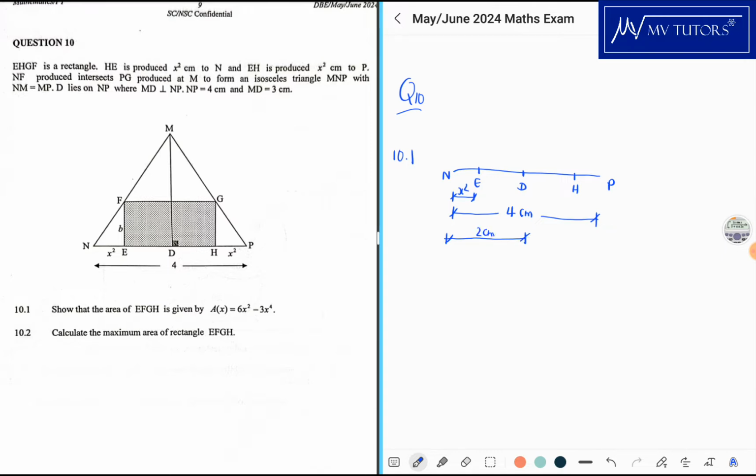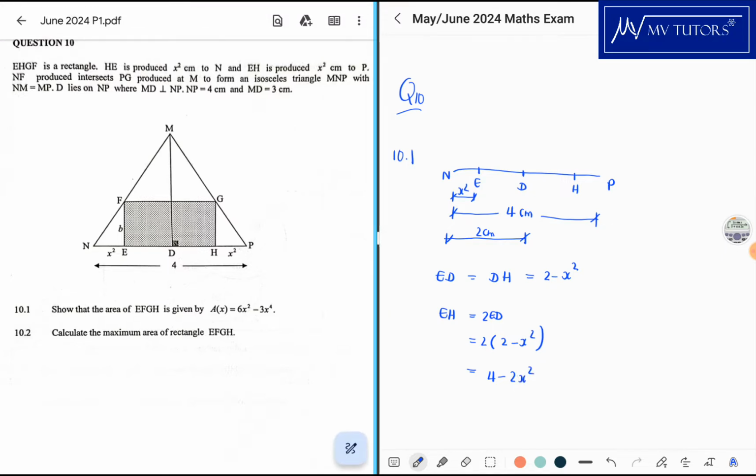So ED, which is equal to DH, will be equal to 2 minus x squared. Now because EH is equal to 2 times ED, I have that EH is 4 minus 2x squared.